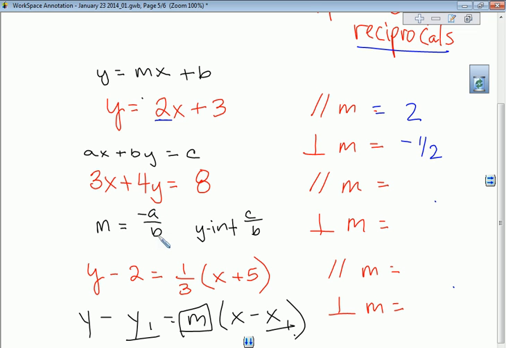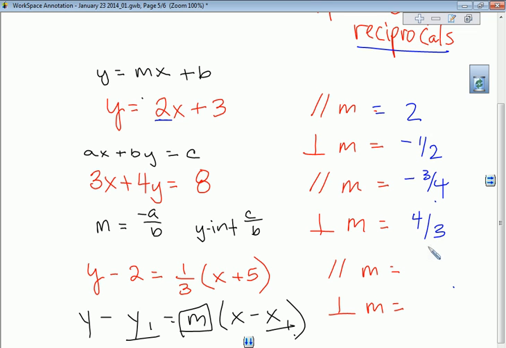Anybody have one of those classes? Okay, yeah, a couple. And then the y-intercept is just this divided by that. So the slope of this is going to be -a over b. So what is the slope of that line? -3/4. So a perpendicular line would be positive 4/3.